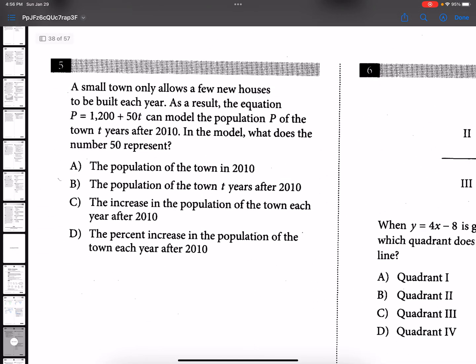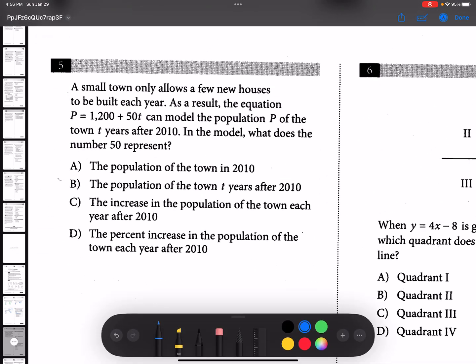Okay, number 5. A small town only allows a few new houses to be built each year. As a result, the equation P is equal to 1,200 plus 50T can model the population P of the town T years after 2010. In the model, what does the number 50 represent? Because it has a variable, it's definitely an increase.